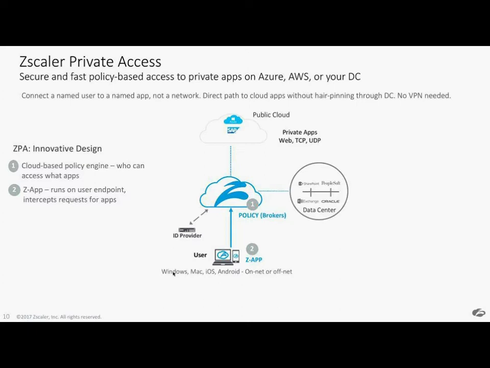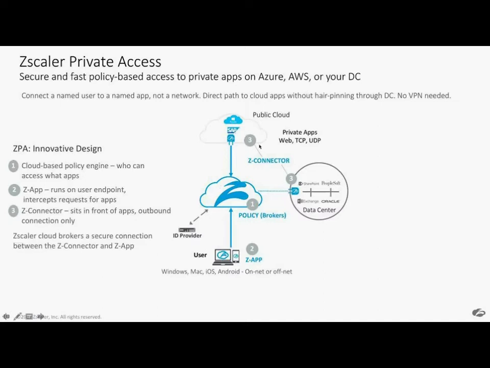That could be against Ping Federate or Active Directory Federation servers or Okta or OneLogin, all of these SAML identity providers to authenticate the users and fingerprint the device. So we understand everything about the user so that when they go to access an application, we're going to intercept that request.